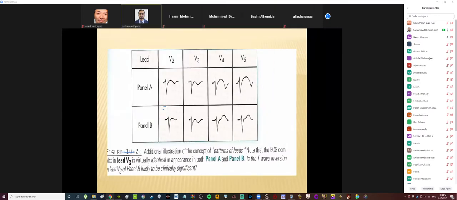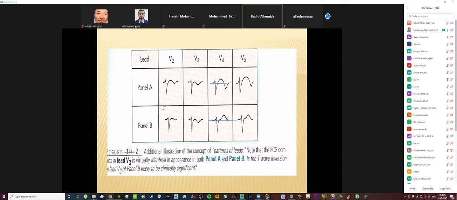Yeah, this one. To me, V3 and V4 look like the same thing. For panel A, V3 and V4, and for panel B, they look very similar. Why? This is panel A here. This is the isoelectric line. Why are these both the same?